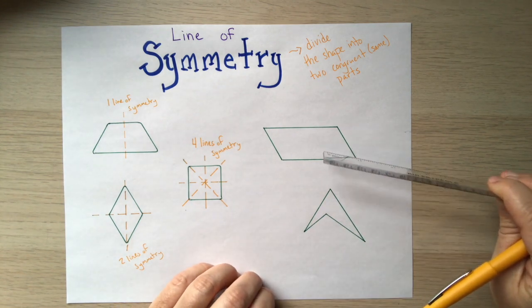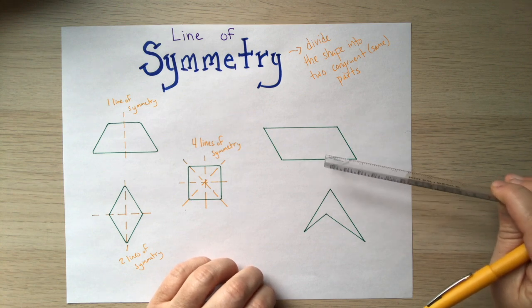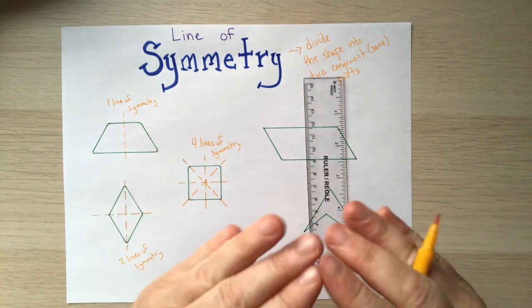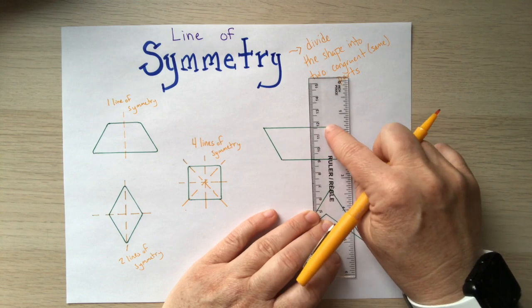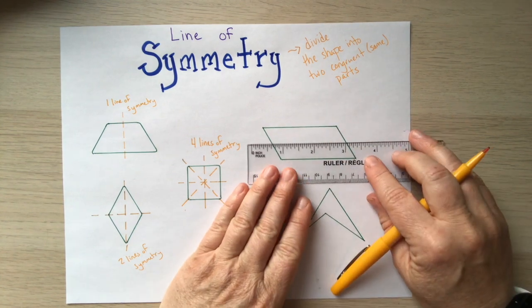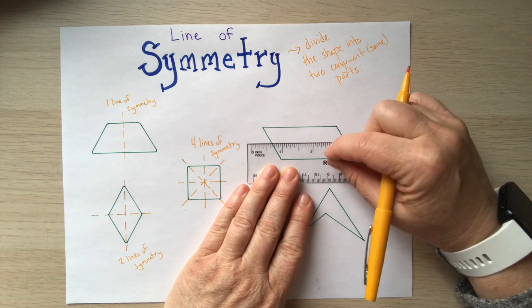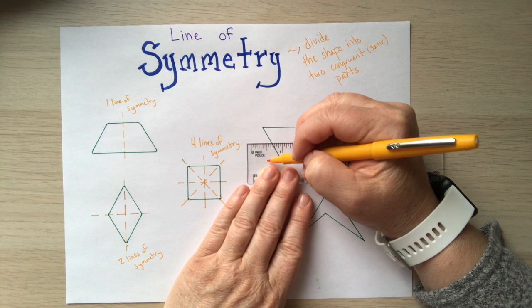For the parallelogram, there is actually no line of symmetry for it. I can't split it down this way and fold it onto each other because this side is longer than this side. The same goes if I was to do it this way and try to fold this one: this corner right here would come over here.